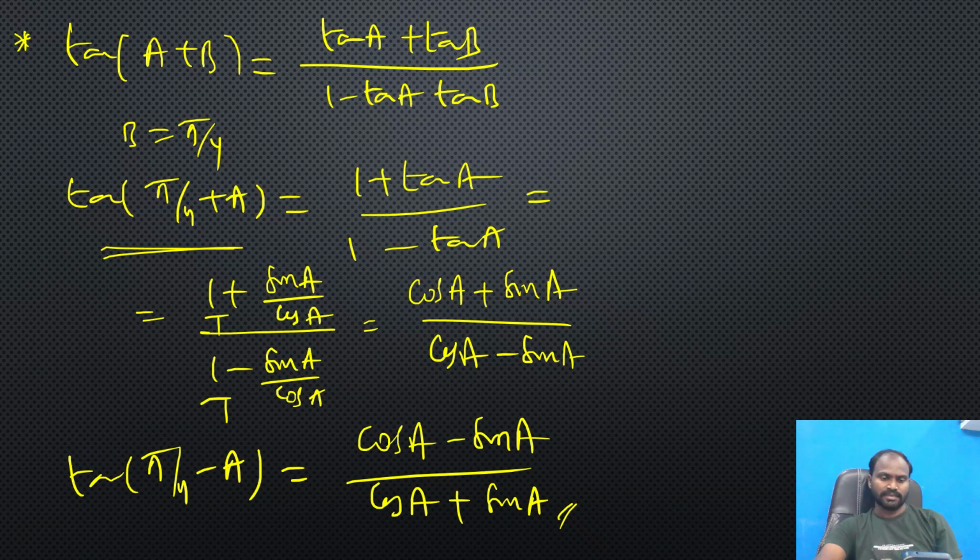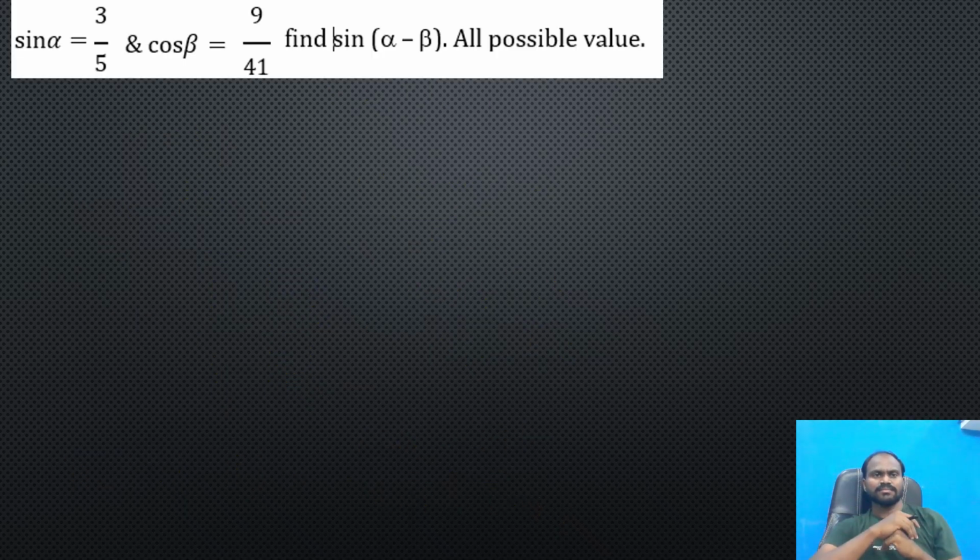So next what we can write, just a second. Yeah, so look at this basic question. Sine alpha is equal to 3 by 5, that means cos alpha is equal to what? 4 by 5, by using the Pythagorean triplet.